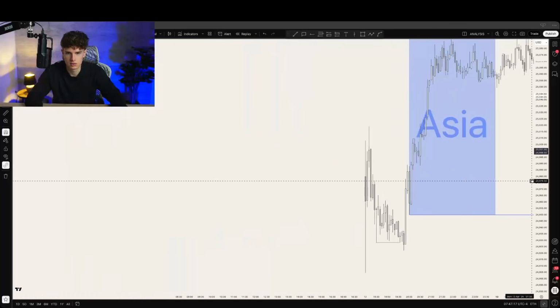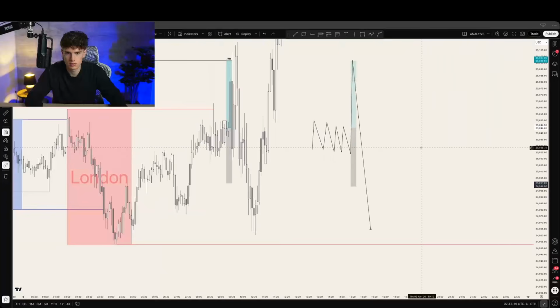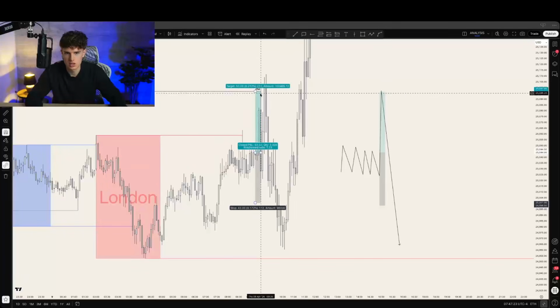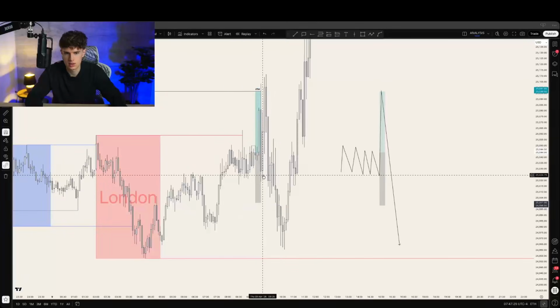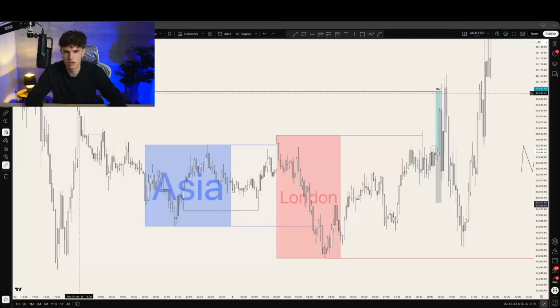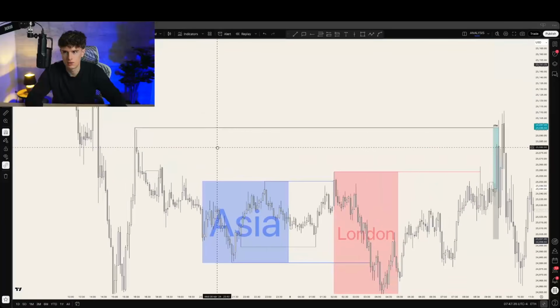But I have also a few more examples right here. We can see accumulation, manipulation, and then the distribution. In this example, the distribution didn't play out. And this was also not an A+ version because I was just targeting this 5-minute internal high right here.